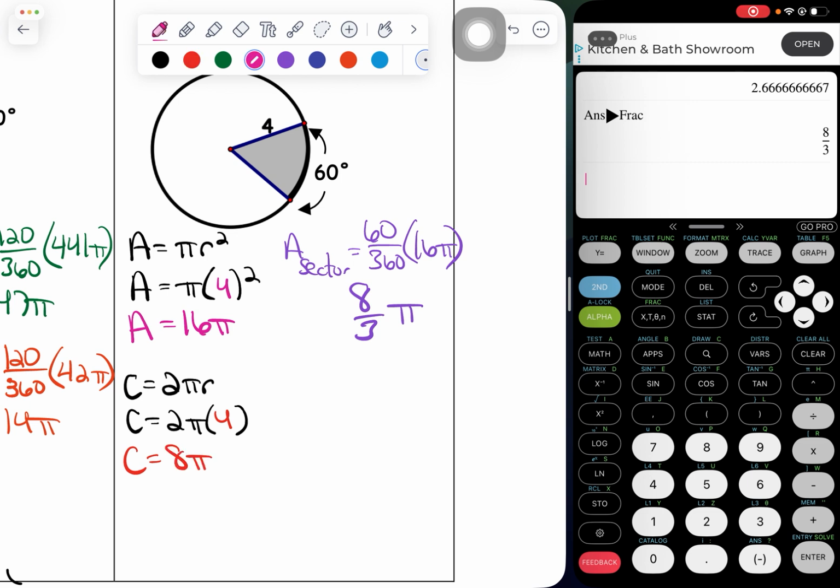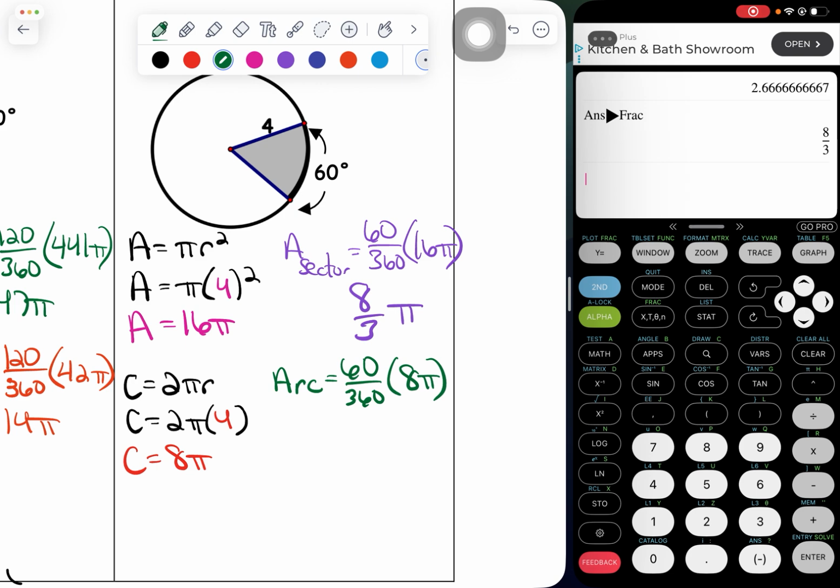Let's go ahead and do the arc length. Remember, arc length is you're going to walk along this outside edge from point to point. Area of the sector is you are coloring in or shading in this wedge. So to find the arc length here, we're going to do the same fraction: 60 degrees out of 360 degrees times 8 pi.